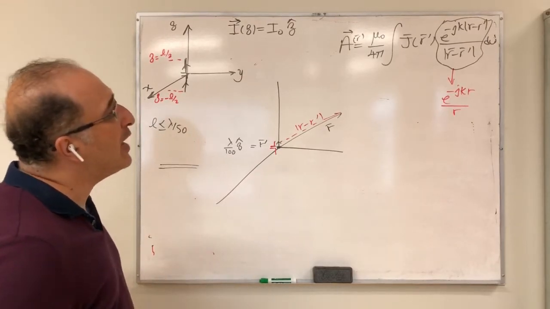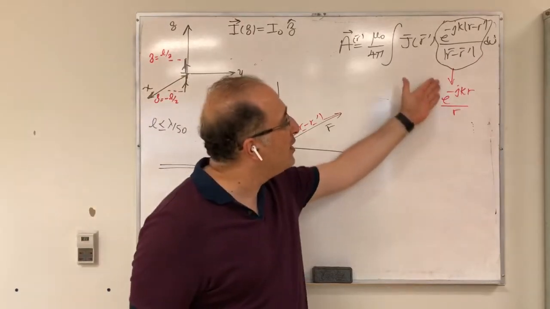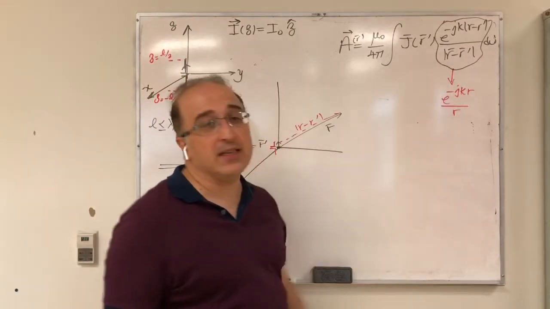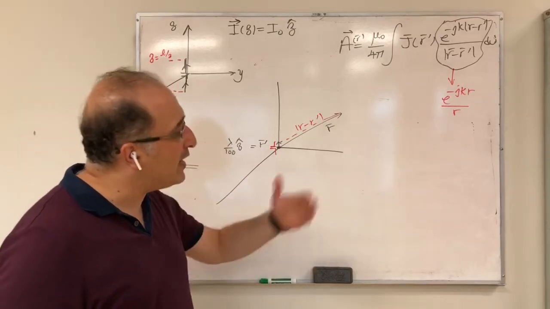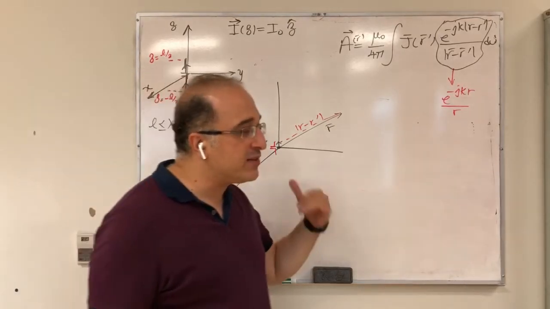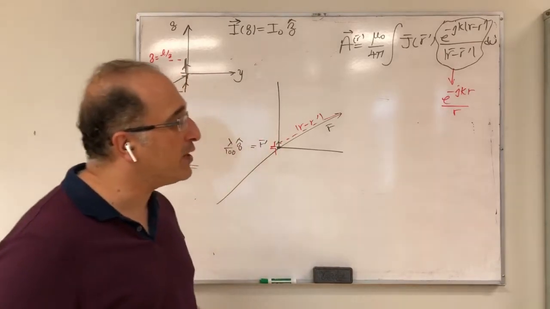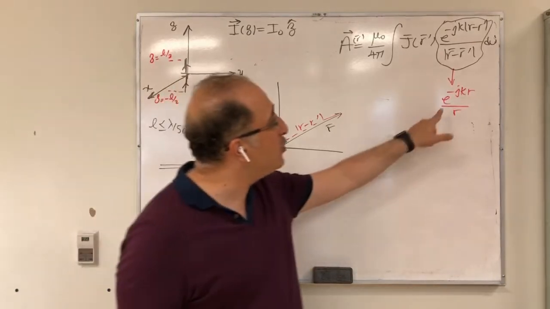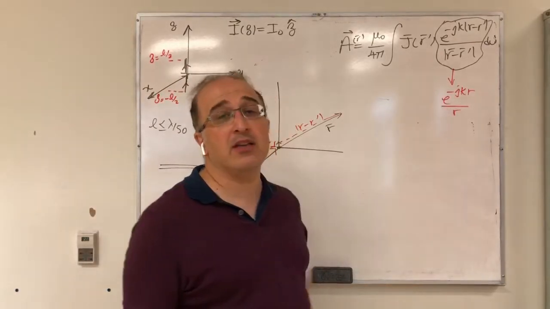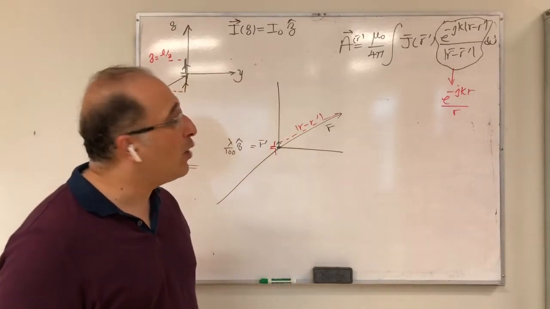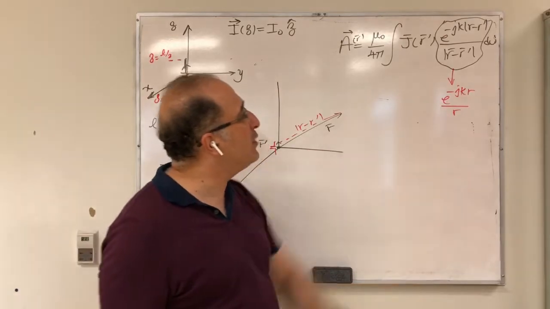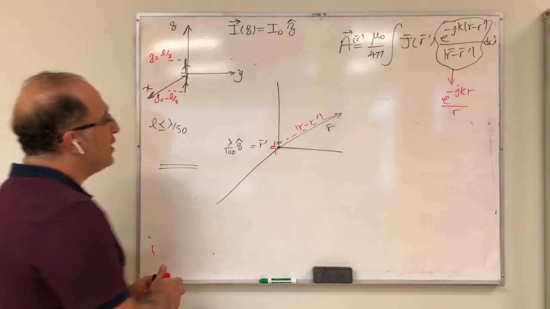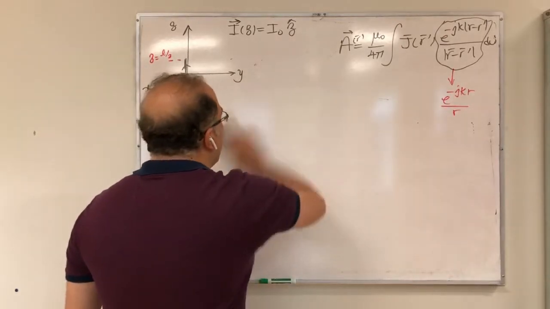And I want to tell you that this is the only antenna that we are making this assumption for in this course. For most other antennas, we're using a better approximation than this, and you're going to see that later on. But for this antenna, we're going to be using this one. So let's move on with that.